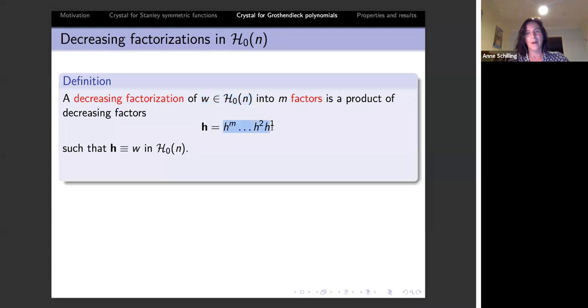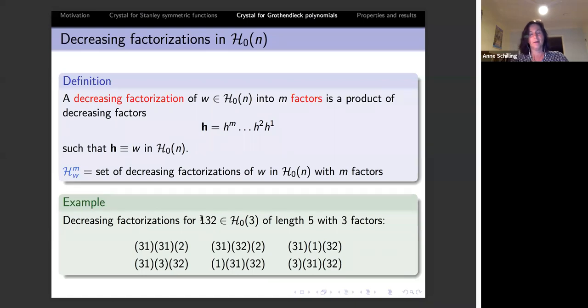The factors we denote by h_m to h_1, so if we have m factors, that would be the factorization. And I'm going to denote the set of all decreasing factorizations by HMW.